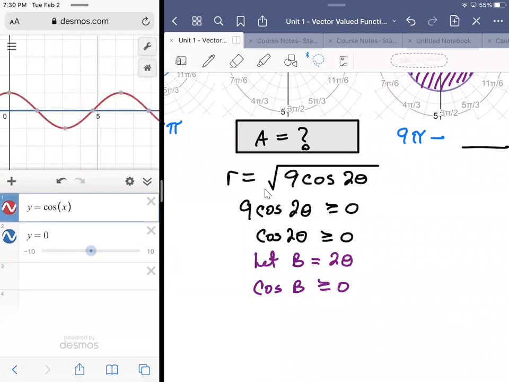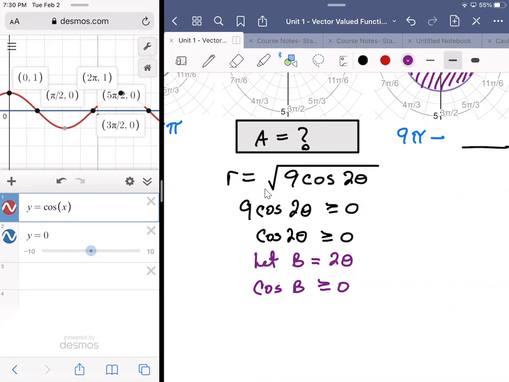So I'd be looking at these values, basically anything except for the pi over 2 to 0, right? That corresponds with the unit circle. If you think in terms of the unit circle, some of us do, some of us don't.